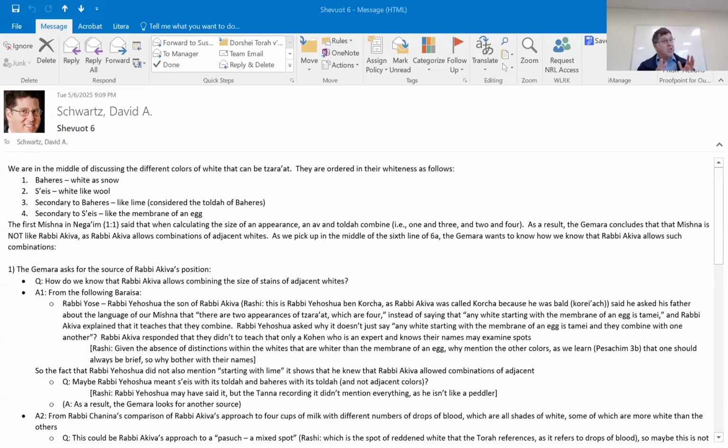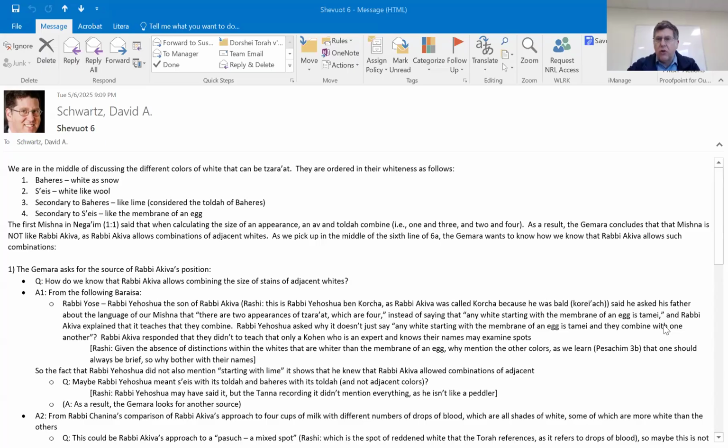The interesting thing is that this is in order to figure out whether there's a minimum size, because you need at least a bean size stain, a bean size affliction. If the affliction is partially baheret white and partially lime white, and they're connected, then you can add them together. If it's baheret white and se'et white, then we would not combine them together. So that's what the Mishnah in Negaim said.